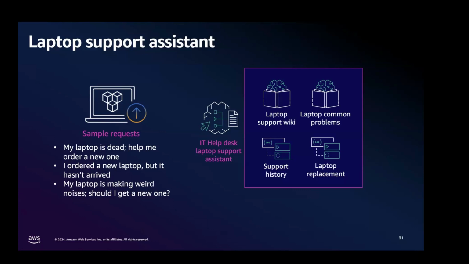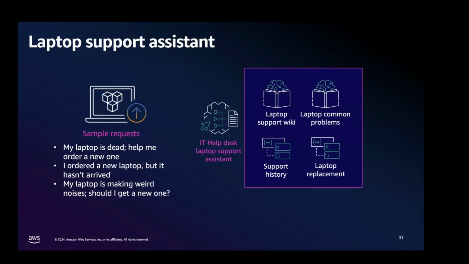So here we're starting with a simple laptop support assistant. In this case, the customer maybe has a support wiki that has all the information, a common problems database, and we're going to provide those knowledge bases as well as some agents that it can use to look up the support history. So maybe it's going into ServiceNow and seeing if you have tickets in the past.